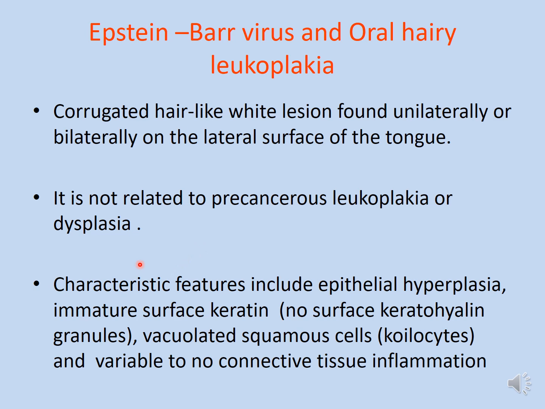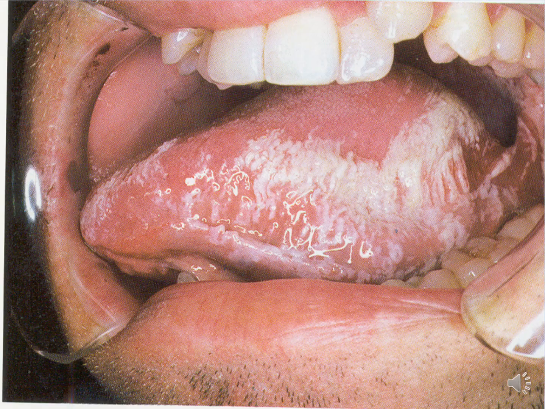The characteristic features include epithelial hyperplasia, immature keratin, and surface changes in the epithelium secondary to viral infection. Vacuolated squamous cells or balloon degeneration or koilocyte formation is common in any epithelial cell that is infected by virus. So this is a clinical picture here. You can clearly see the corrugated white lesion on the lateral surface of the tongue. Usually it is bilateral.